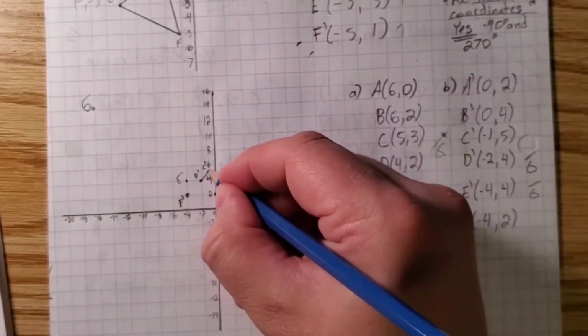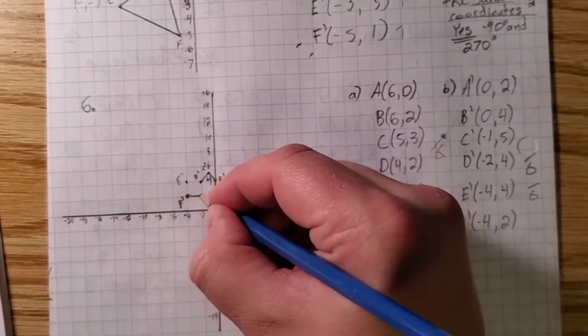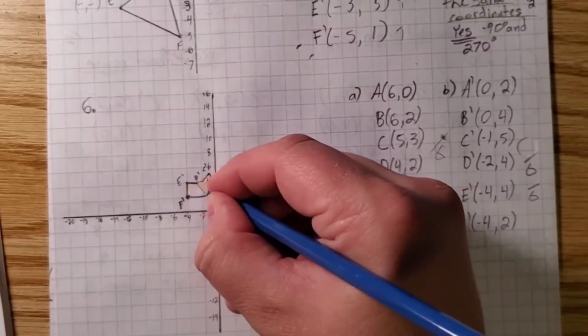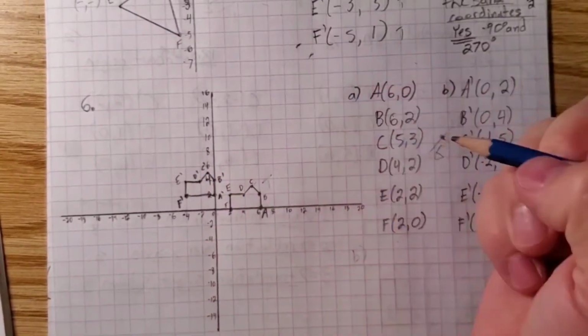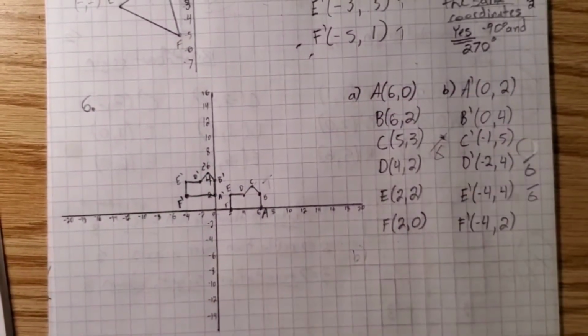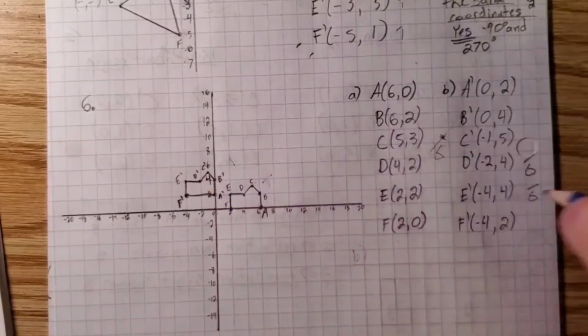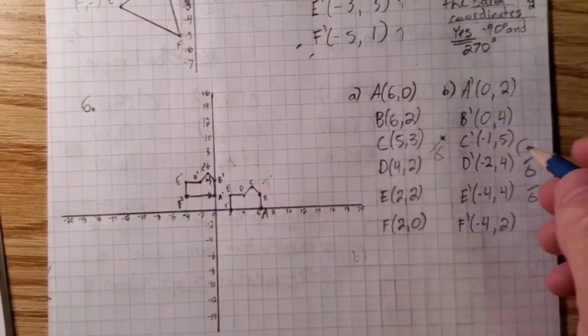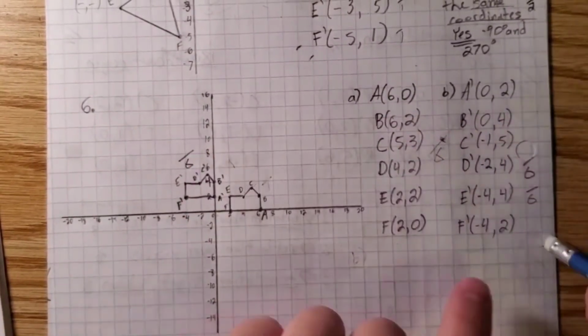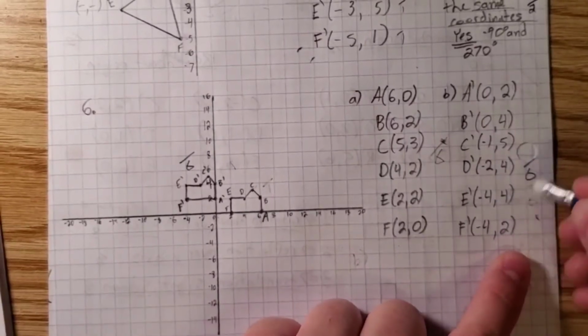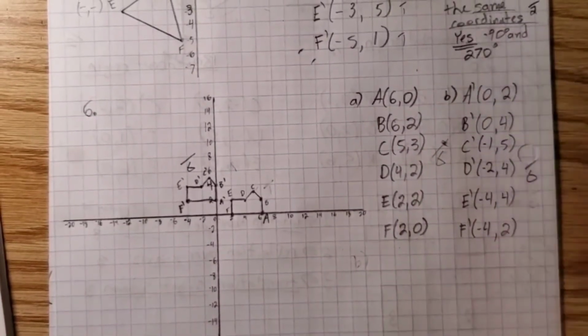And then we can connect them, use a ruler, or else it looks like mine with squiggly lines a little bit. So we drew it on here, so that's going to be 6 marks drawing it on there. You know what, maybe I'll put that 6 over to that side, and then it's 6 marks for labeling the points.